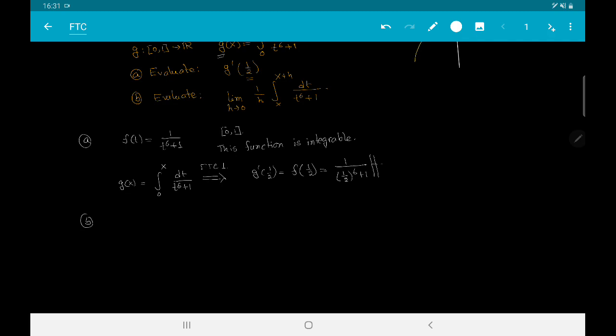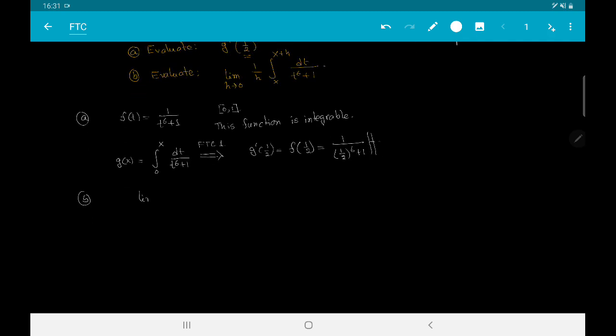So second part, limit h tending to 0, 1 by h times the integral from x to x plus h of dt by t to the power 6 plus 1. I can write it as limit h tending to 0, 1 by h times the integral from 0 to x plus h of dt by t to the power 6 plus 1 minus the integral from 0 to x of dt by t to the power 6 plus 1.